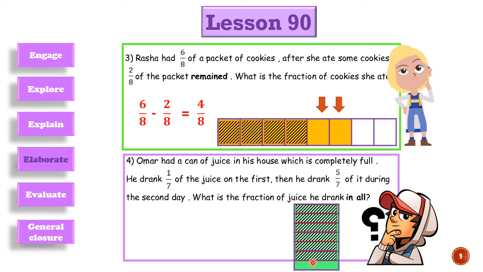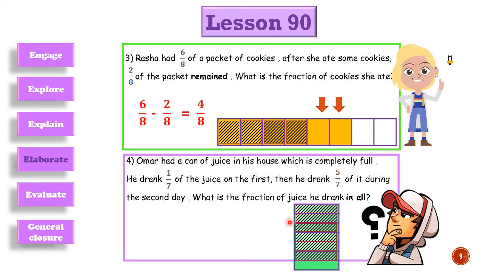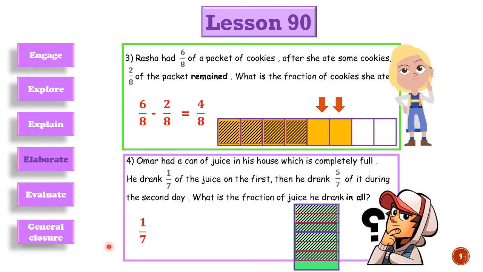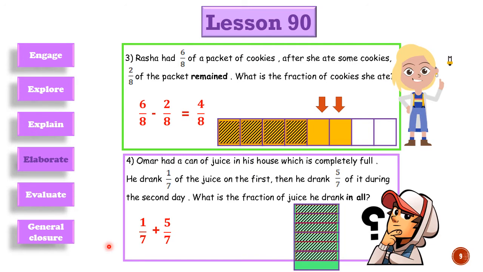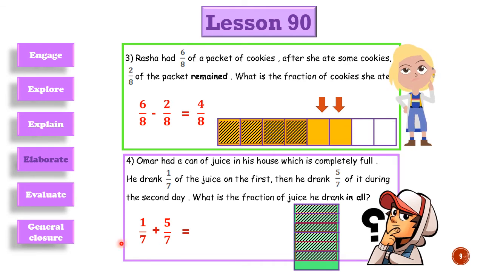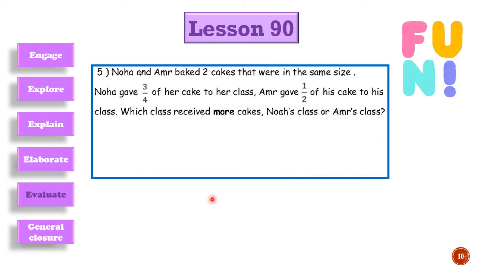All these parts equal what? Now in mathematics, we will write down 1/7 on the first day plus 5/7 on the second day and put equal. Put the denominator as it is, just add the numerators. 1 plus 5 equals 6/7. Then he drank 6/7 of his juice. Okay, thank you.